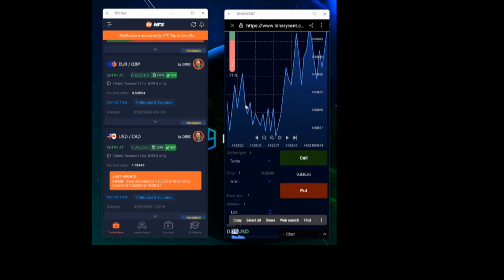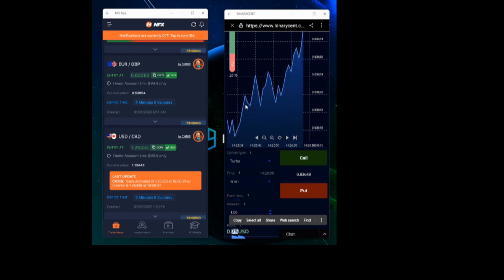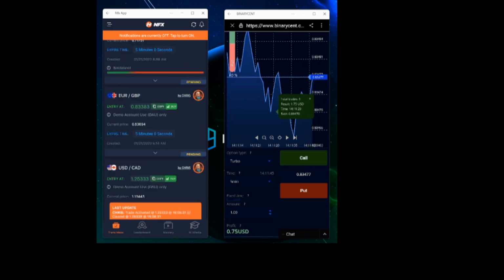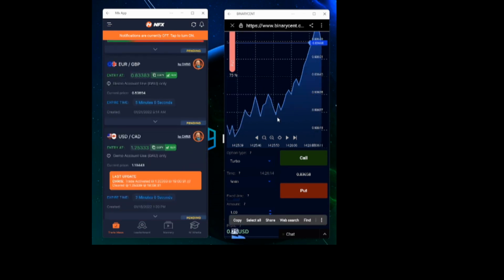If it's anywhere below, you will lose the trade. So in this situation, you would just be waiting for your trade to end to see if you won or lost it. And then the system will tell you if you won or lost the trade at the end of the trade.